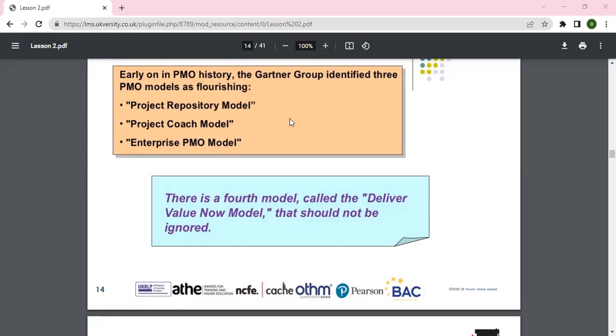Sorry for a bit of background. So there is a fourth model, the deliver value now model, which we can look around. So first a tree model, project coach model, and PMO model. That's all which we need to look around.